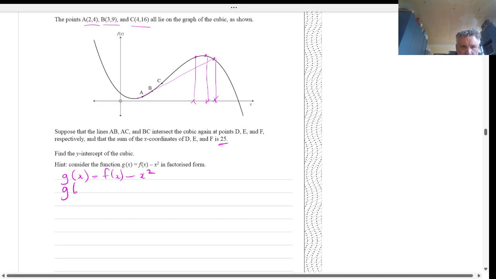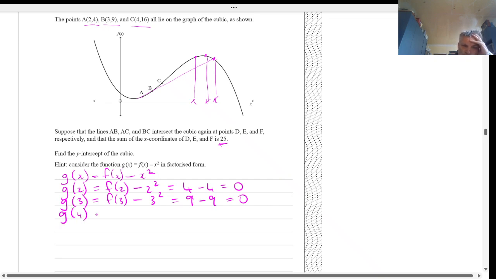G of 2 is going to be the same as f of 2 minus 2 squared. F of 2 we were told is 4, 4 minus 4, that's 0. Similarly, g of 3 is f of 3 minus 3 squared. F of 3 was 9, 9 minus 9, that's also 0.